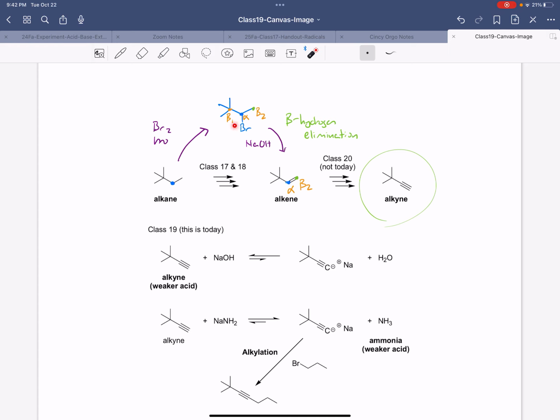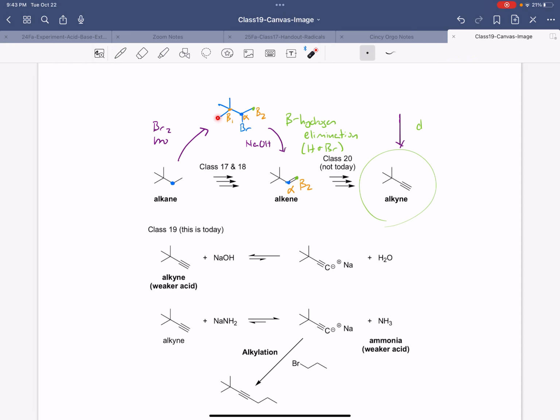Alkyl halide to alkene: we eliminated what? An H and a Br. Not in today's class, but maybe in Friday's class, class 20, how are we going to form an alkyne? You're going to do double elimination, right?